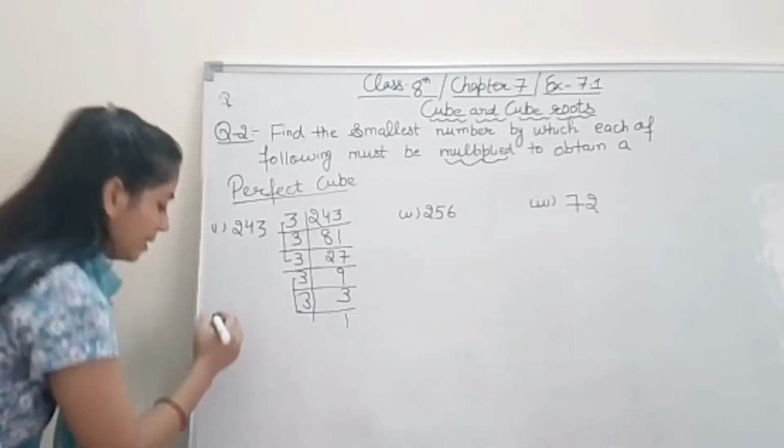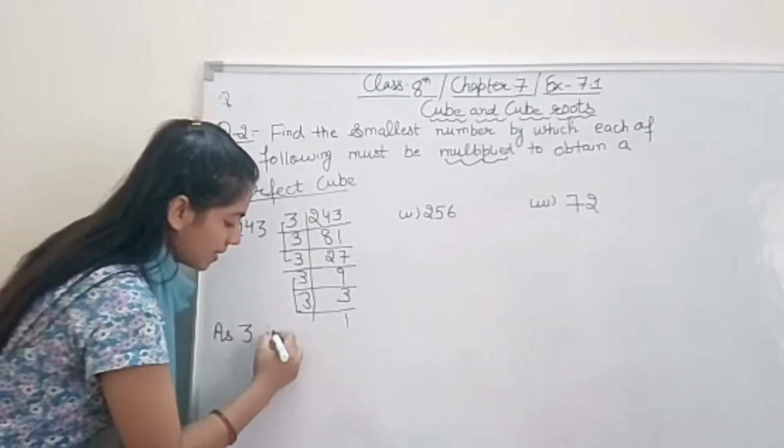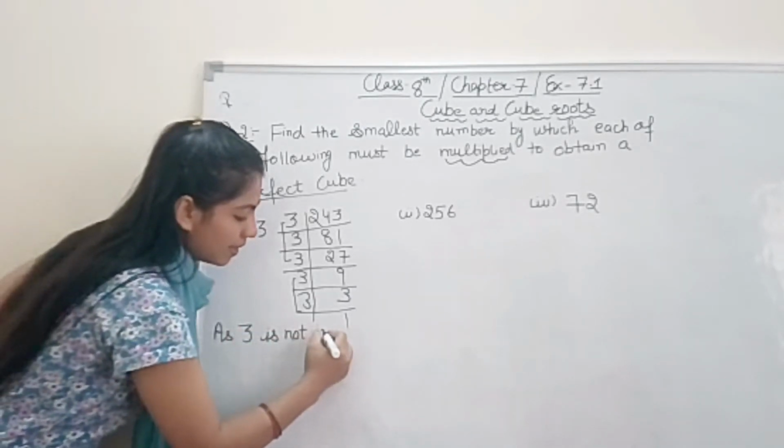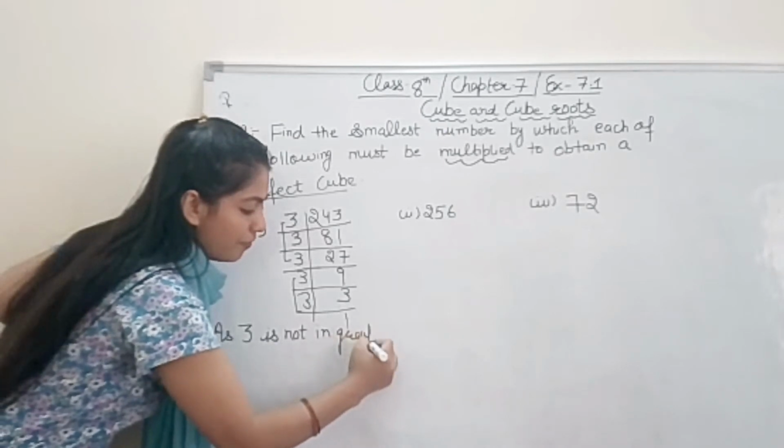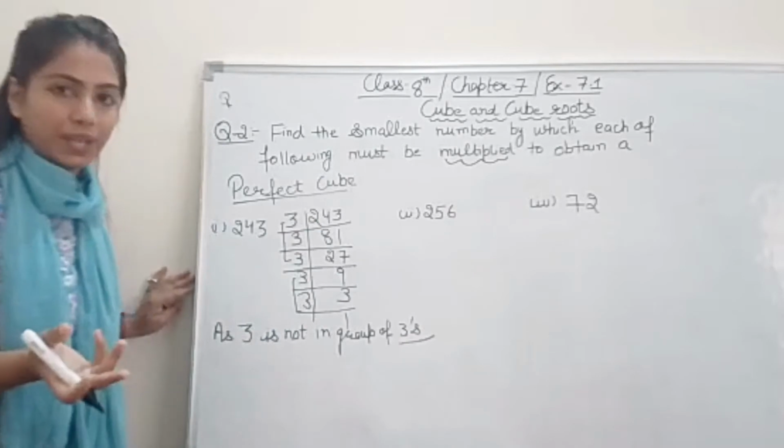So what you will write is: 3 is not in a group of 3s. What is this group of 3s? Meaning triplet, right?